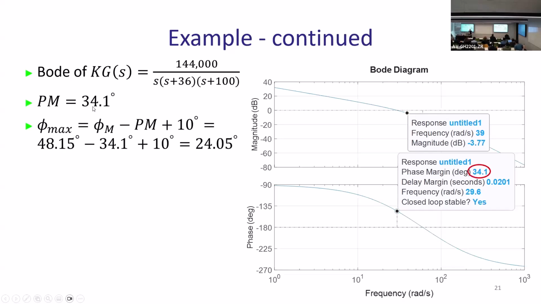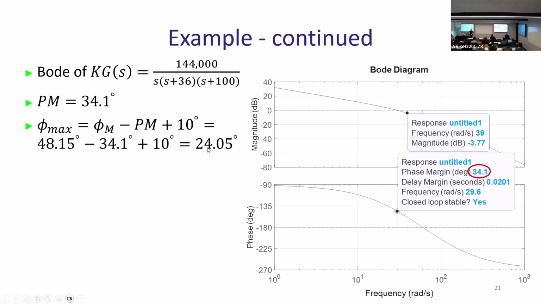Okay, so far? Now, let's compute how much I need to add to get my 48 degrees. So I'm taking the phase margin which is desired, 48 degrees, minus whatever I have so far, which will give me the difference that I need to add, plus some extra, let's say 10 degrees. You can easily choose some number here.